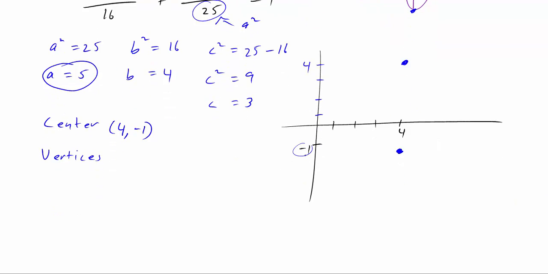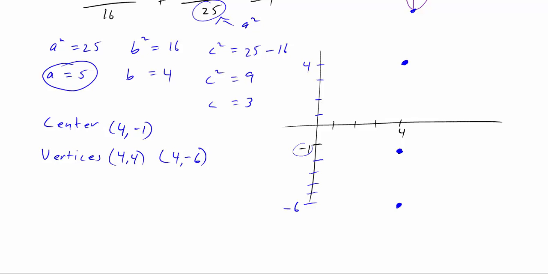And then we could take negative 1 and subtract 5, or simply count down 1, 2, 3, 4, 5, and we would be at negative 6. So there we have our two vertices. The one here at the top is at 4, 4. The one here at the bottom would be at 4, negative 6.